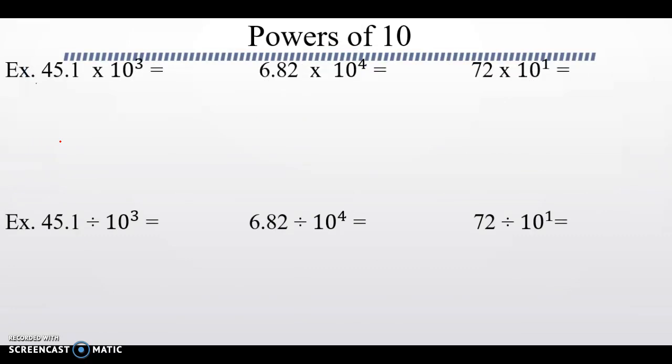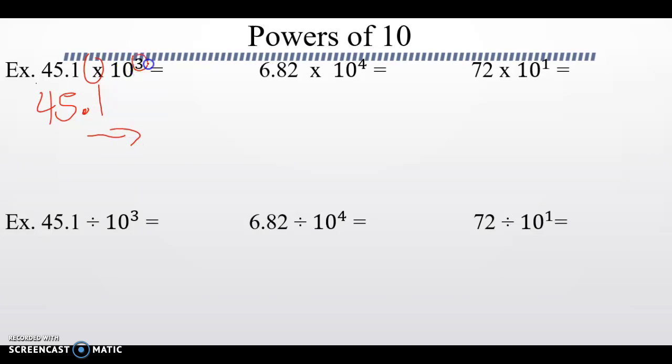So now that we've read through the notes, let's practice. First problem, 45.1 times 10 to the third power. I'm multiplying, so that means my digits need to be sitting on the left. In order for my digits to be on the left, I will move my decimal point back to put all digits on the left.